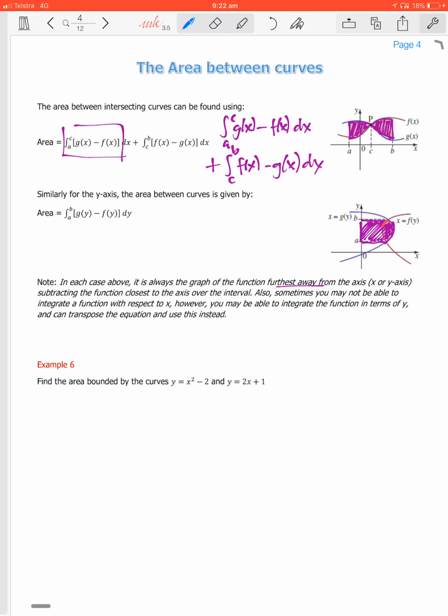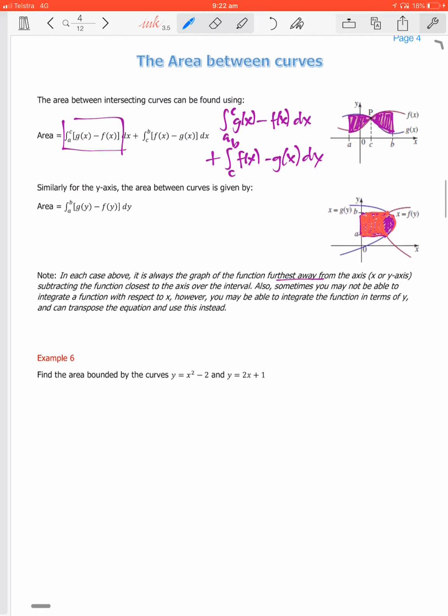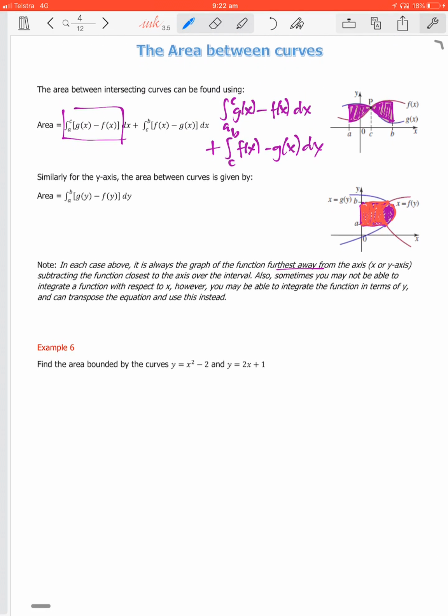Then we would find the area under f of y from A to B. If we do the area under g of y minus the area under f of y, we would get the area between the two curves. I've said in each case above, it's always the graph for the function furthest away from the x-axis or y-axis, subtracting the function closest to the axis over the interval.